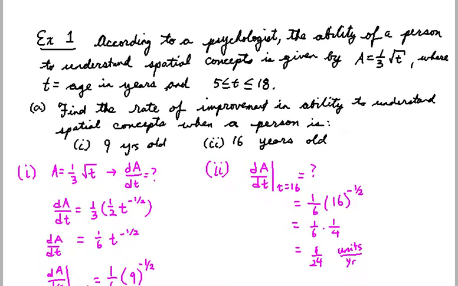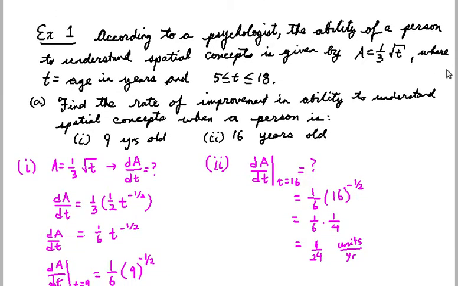Let's say that we ask a psychologist to give us some data about the ability of a person to understand spatial concepts. What does this mean? Spatial concepts, some kind of space-related concept.